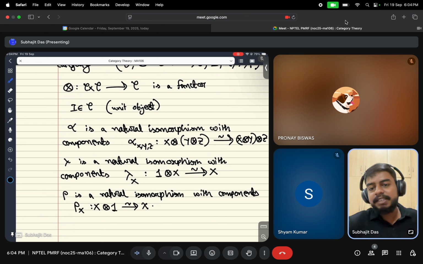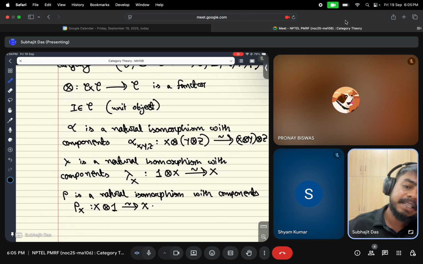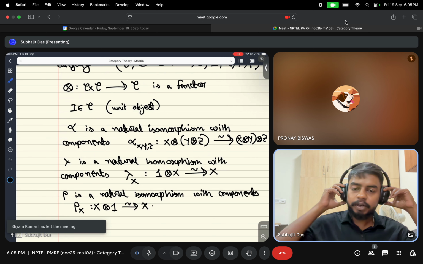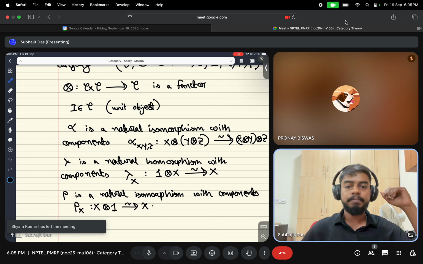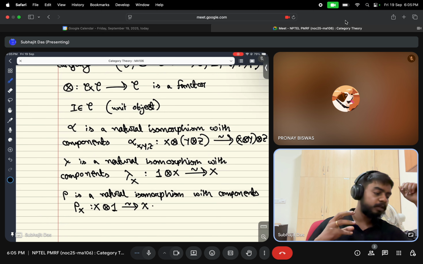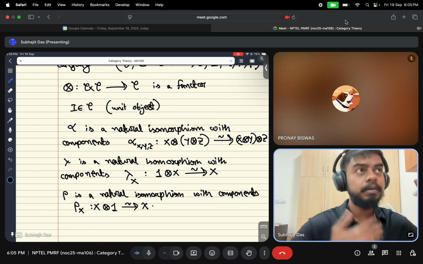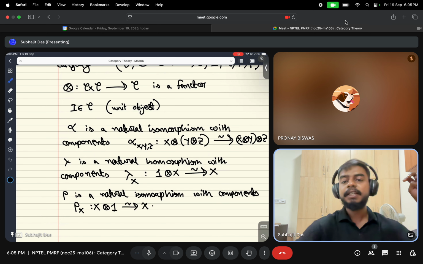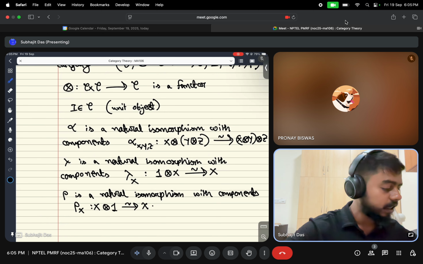We must have these things here. So the idea is that usually we would expect one to behave like a unit object or an identity object for some operation. But since we are talking about categories, we know that equalities are not the right way to compare two things or say that two things are the same. So the healthier notion is the notion of an isomorphism, which is exactly what we want here.